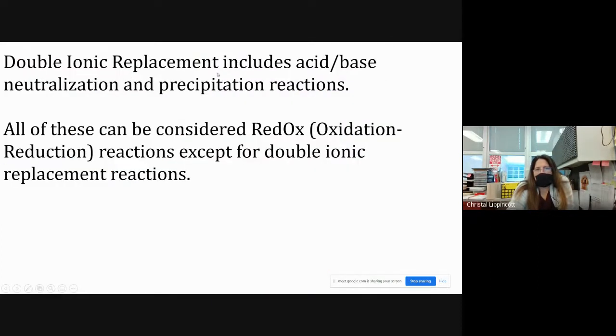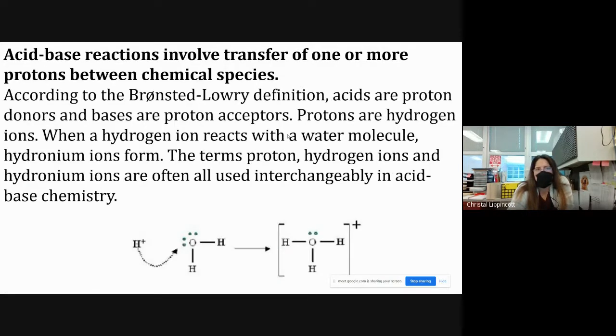Double ionic replacement also includes acid-base neutralization reactions and precipitation reactions. All of these can be considered redox reactions, except for the double ionic replacement reactions. We're going to talk about redox. I think we get into that tomorrow, if I'm not mistaken.